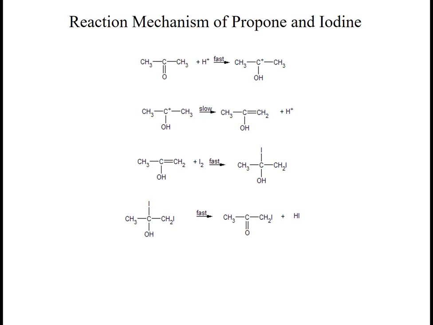So here, for example, is a reaction mechanism of propionine and iodine. Okay, so this would be step 1, this would be step 2, this would be step 3, and this would be step 4. Basically what we're going to do is learn to add up, and the reaction arrow is basically an equal sign.